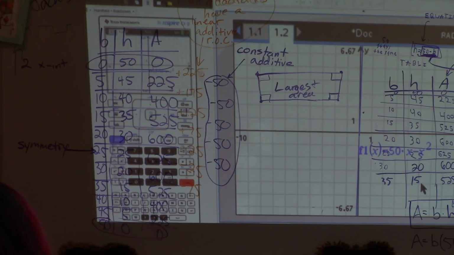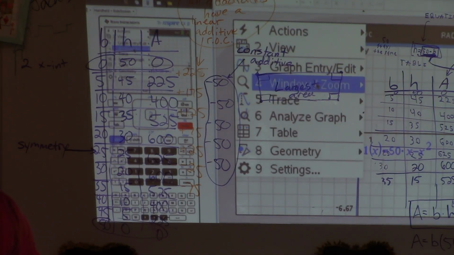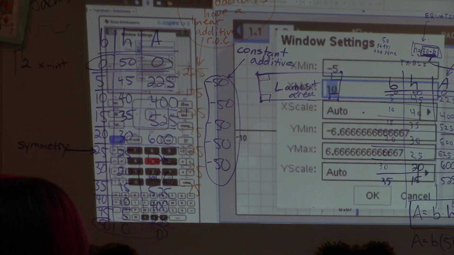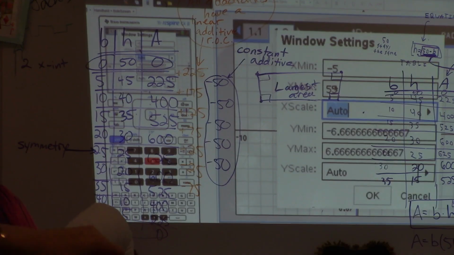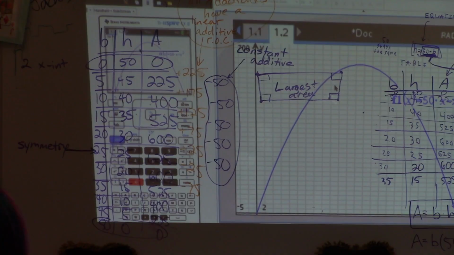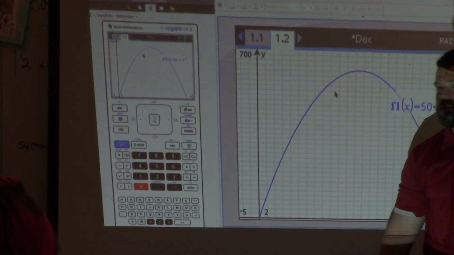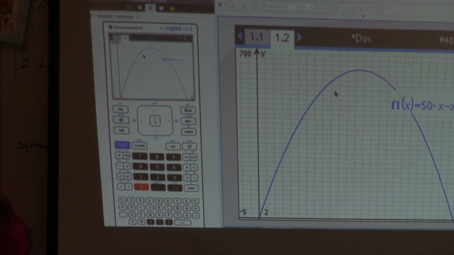Now, I can't see that very well, but I'm going to change my window. And we'll practice with this some. Notice I went from a base of -5 to 55. What was the maximum area that we had? Was it 625? 625, I'm looking for. And how does that graph compare to what we graphed by hand? It's exactly the same, isn't it?